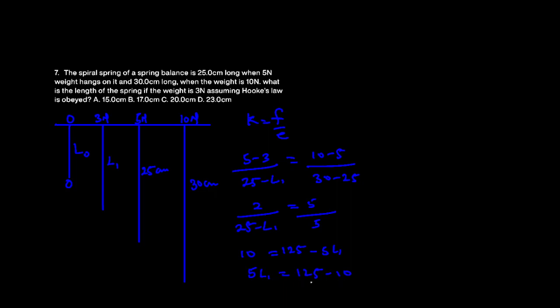So this will give me 5L1 equals 115, right? So L1 is equal to 115 divided by 5. So 115 divided by 5 will give us, okay, 5 in 11, that is 2. 5 in 15, that is 3. So our result is going to be 23 centimeters. Absolutely. All right.